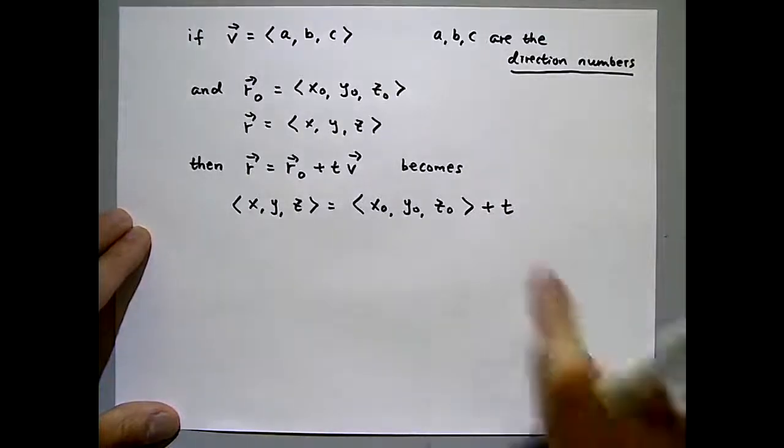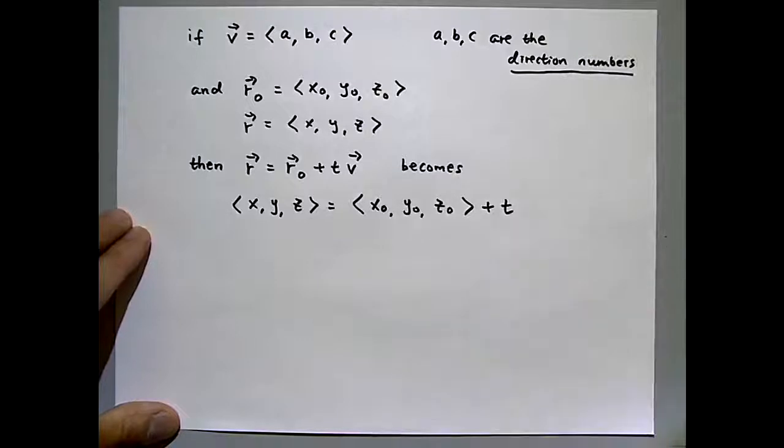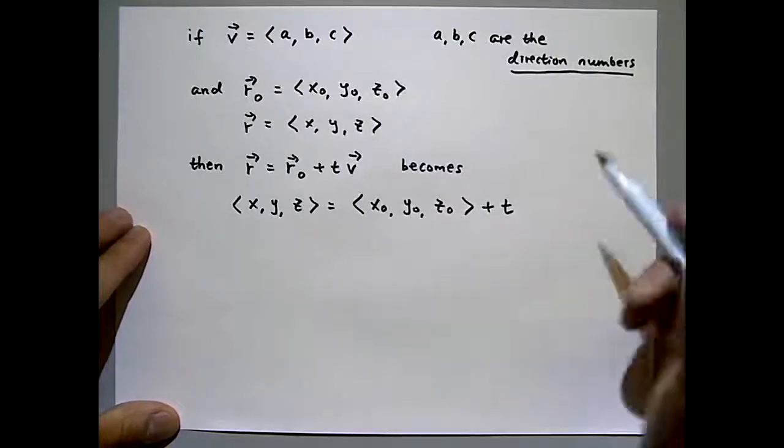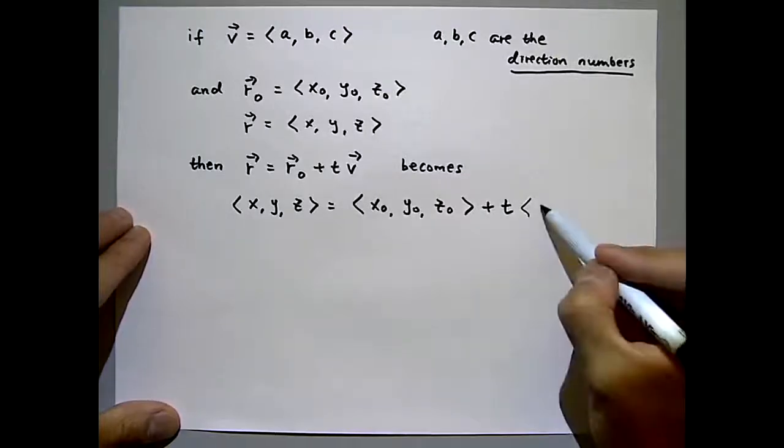In many applications, this t is time, but it doesn't have to be time. If it helps you to think of it in terms of time, that's great, but it doesn't have to be.